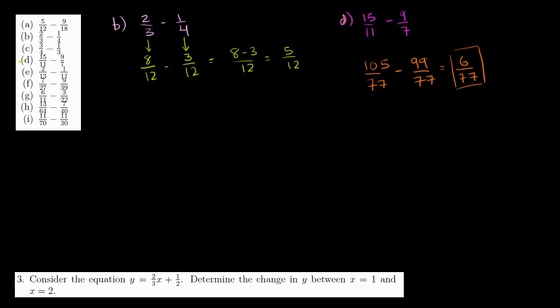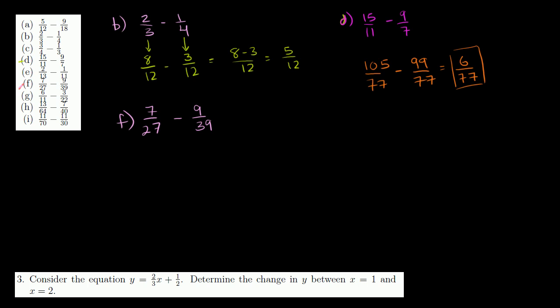Let's do F. F, let me do it in a new color. F has us doing 7 over 27 minus 9 over 39. All right, so what is the common denominator here?